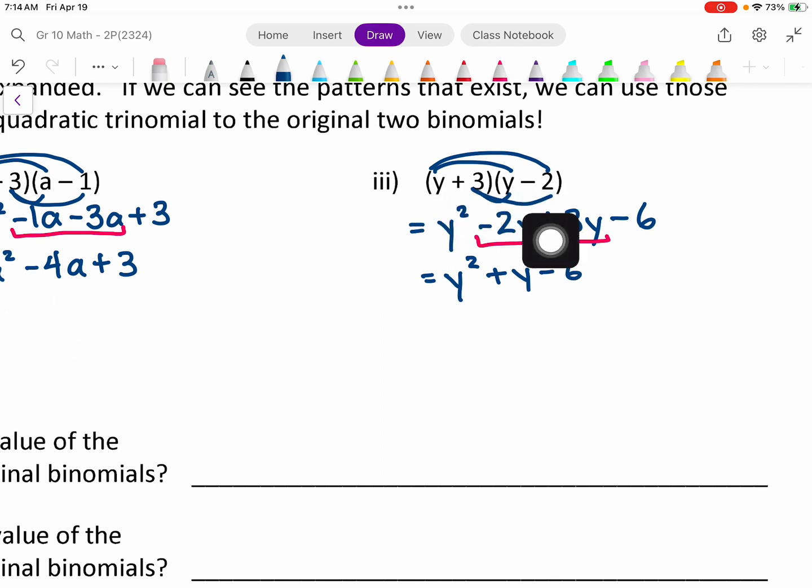So 3 minus 2 is equal to 1, and 3 times negative 2 is equal to negative 6. So what we can see is that we are always adding to whatever the coefficient in front of our y or our x term is, whatever has just the variable, not the squared. And then we are multiplying to our constant.